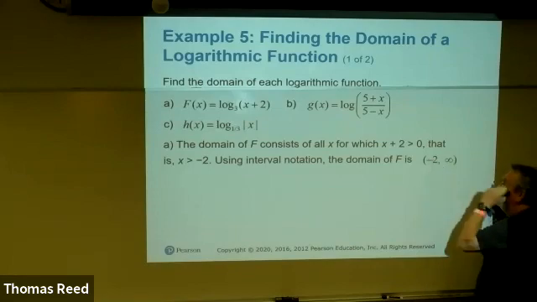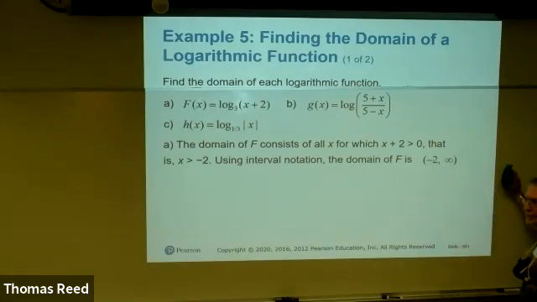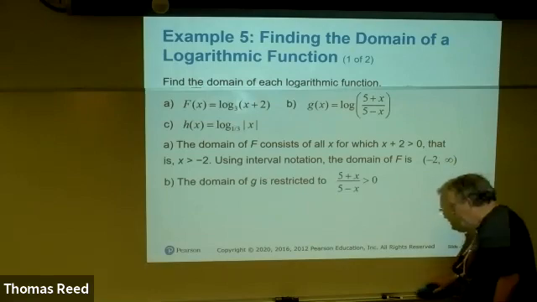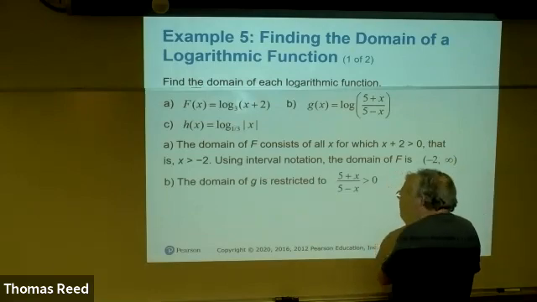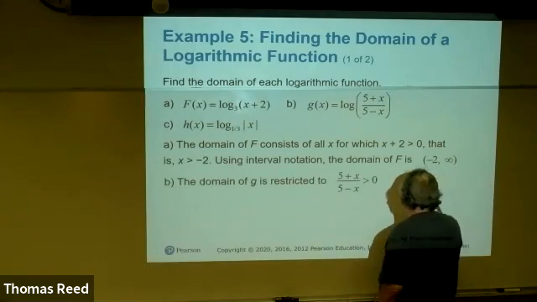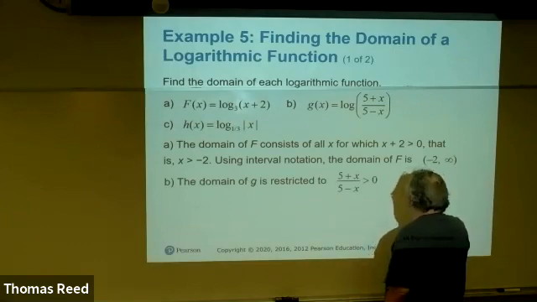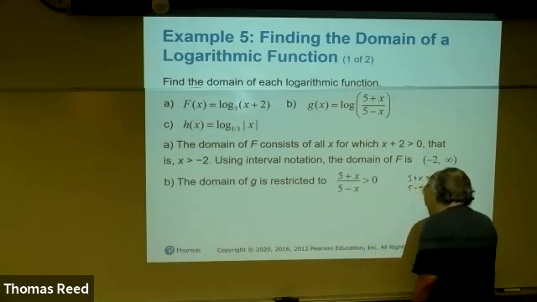Now, letter B, that fraction has to be greater than 0, which means both the numerator and the denominator have to be greater than 0. So 5 plus x has to be greater than 0, and 5 minus x has to be greater than 0.